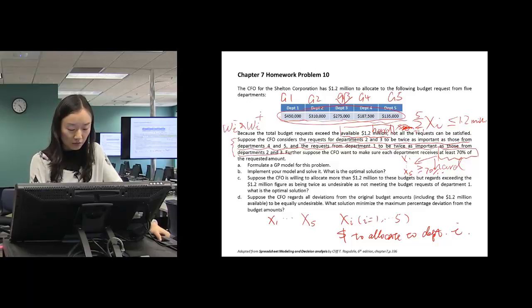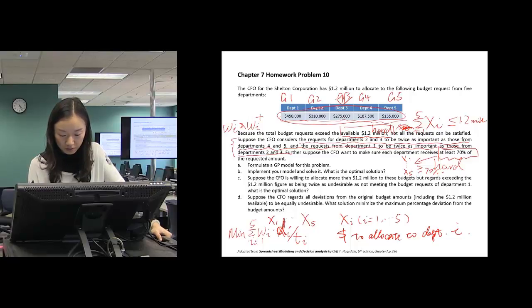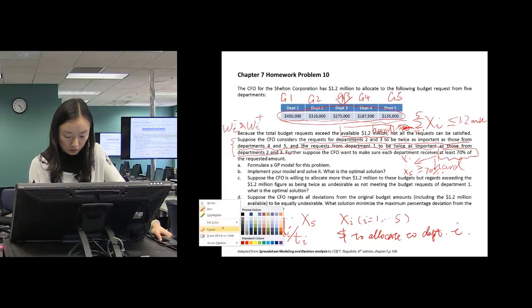Then you can write your objective function, which is to minimize the total weighted percentage deviation, which will be the summation of the W's times your di plus or minus, i goes from 1 to 5.